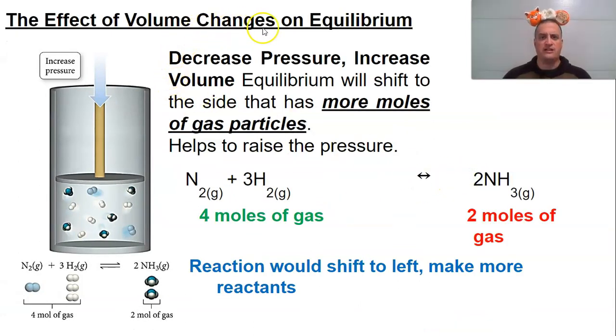The effect of volume changes on equilibrium if we decrease: this will go towards more moles of products. Again, the idea is that both will be decreased, but because this is 4 particles, this decrease will be a higher decrease than this one, which means there'll be a net gain of shifting it to the left, making more reactants.